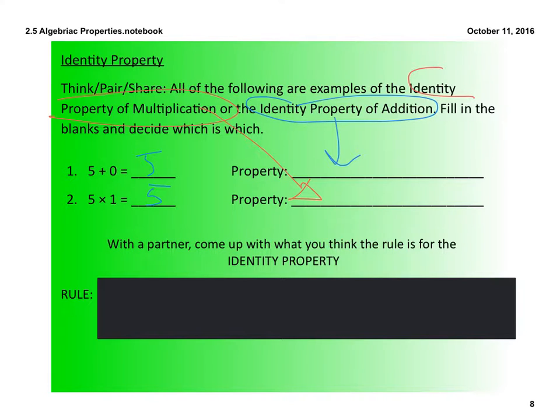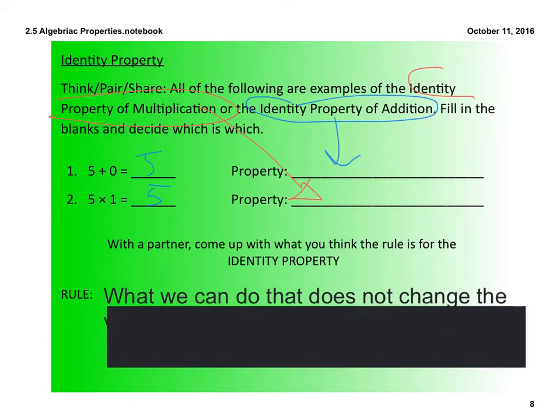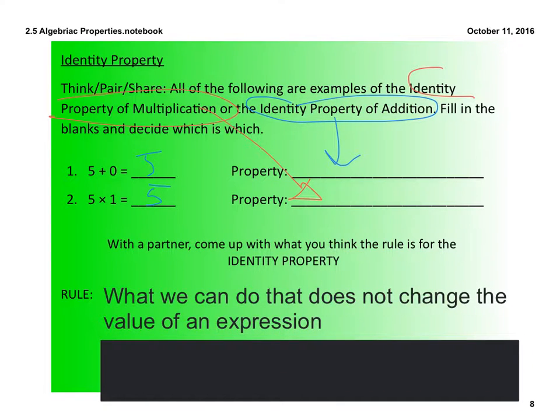So what does the identity property say? It's all about adding 0 or multiplying by 1. What the identity property says is it tells us what we can do that does not change the value of an expression, because adding 0 doesn't change the value of the expression.